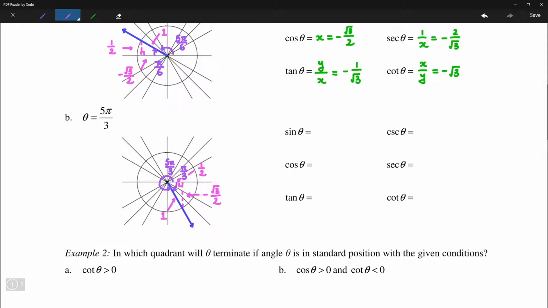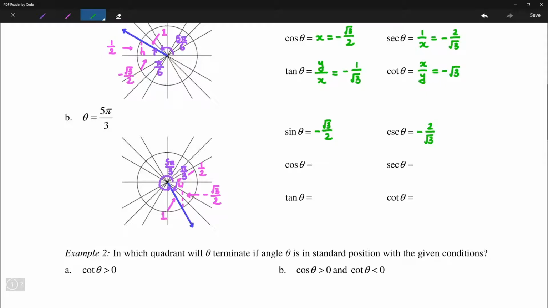And so the exact values of our trig ratios will be, starting with sine theta, negative √3 over 2, since it is in quadrant 4, so the y value is negative there, and therefore sine theta and cosecant theta are negative. Next, we have the cosine theta and secant theta values.